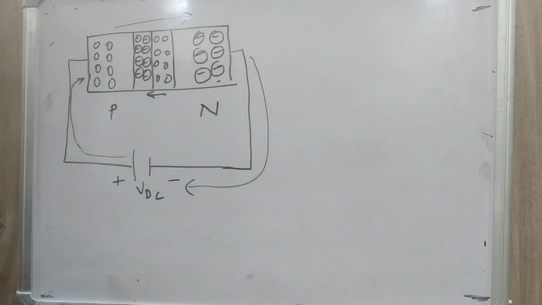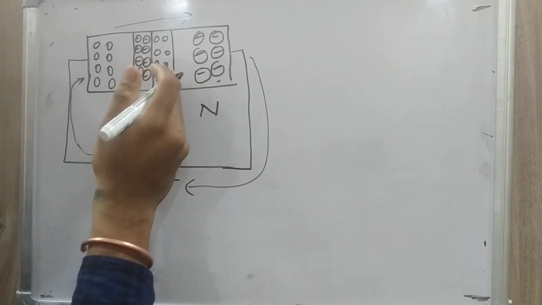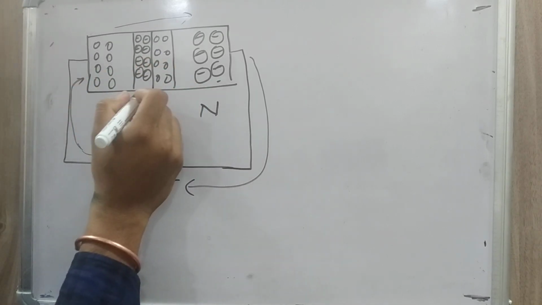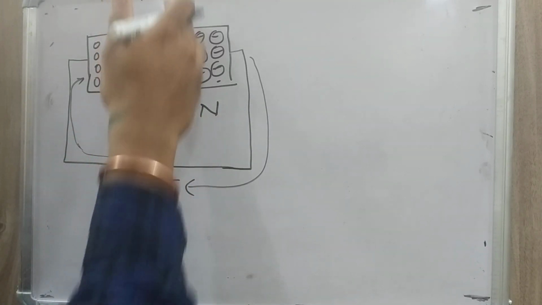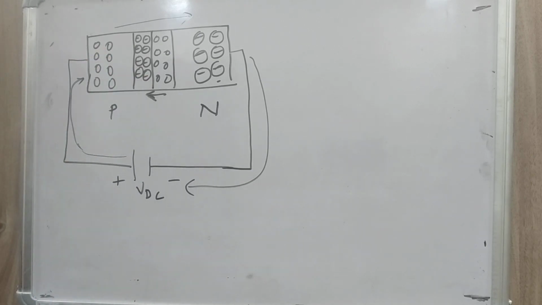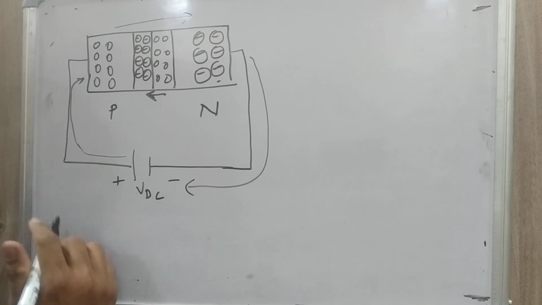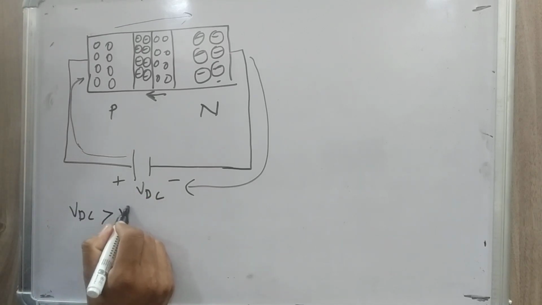Because electric field always starts at positive charge and ends at negative charge. Here positive charge is at this side, negative charge is at this side, so it is in this direction. If you compare these two electric fields, by the external supply voltage and by the depletion layer, they are opposing each other, right?